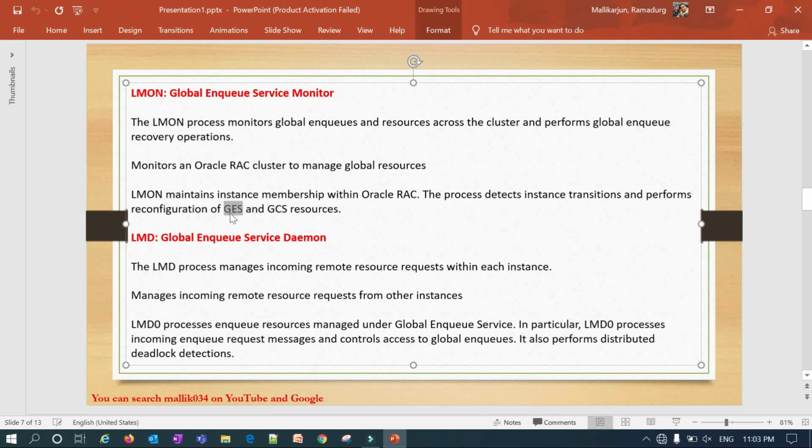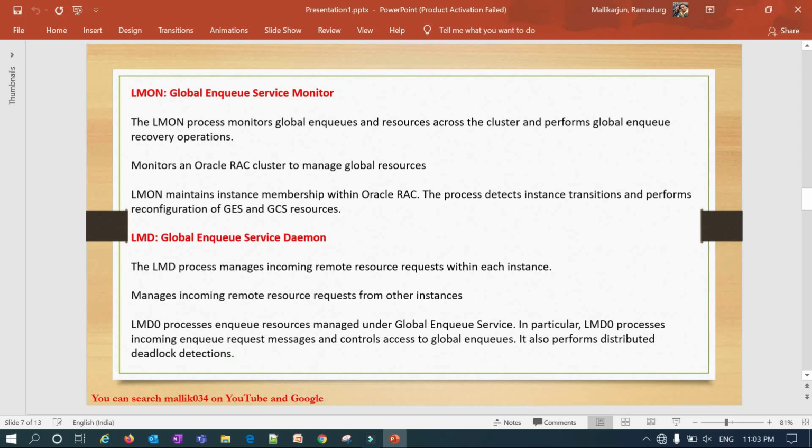All this information is known using the GES process. How does the GES process know that? It reads my GRD table and gets that information. So all this monitoring is done by LMON.